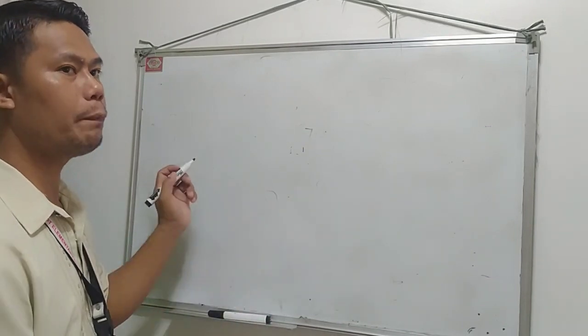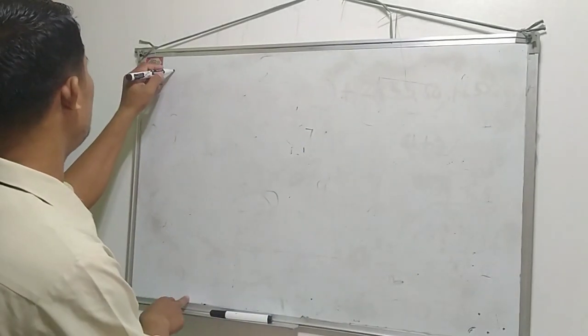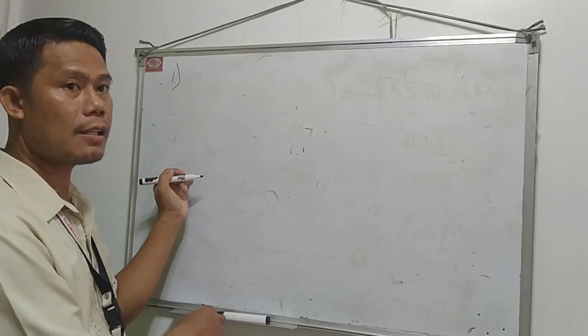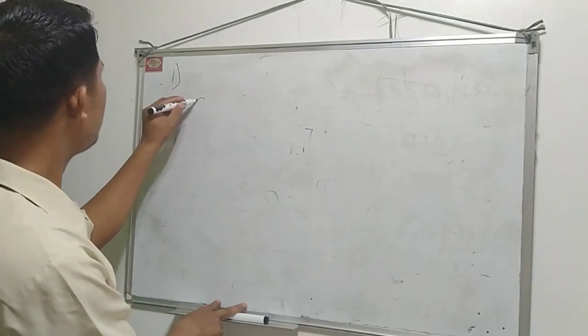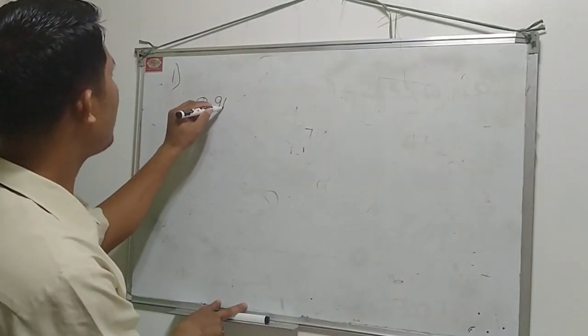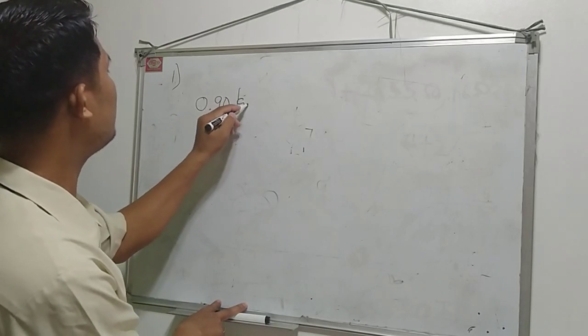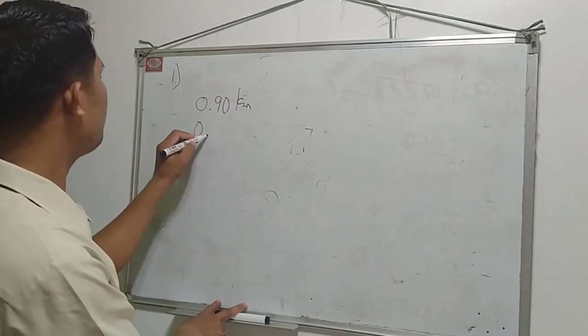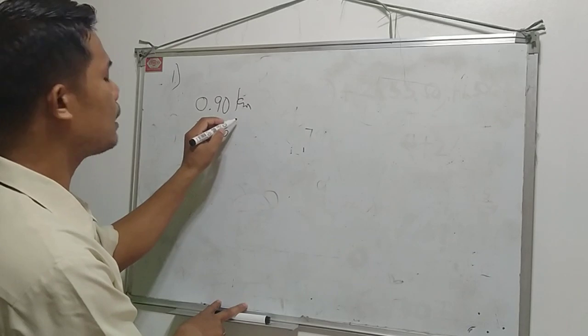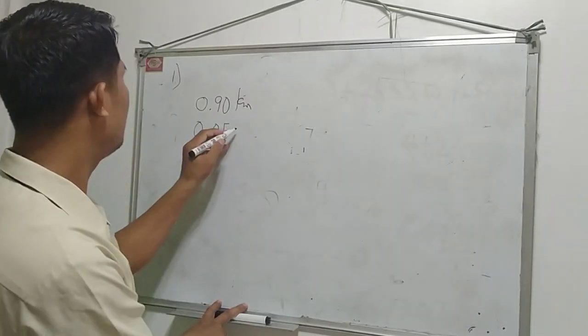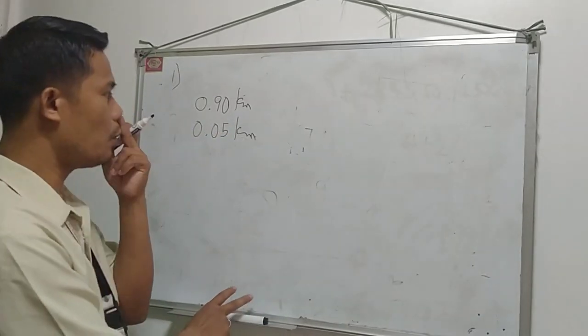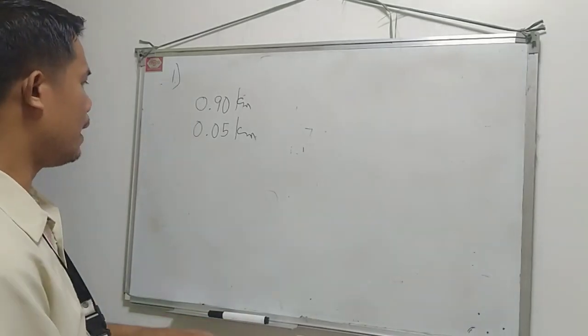Okay, so in our problem opener number 1, our given facts are 90 hundredths kilometer, then 500 meters, kilometers also. So we are going to divide this.